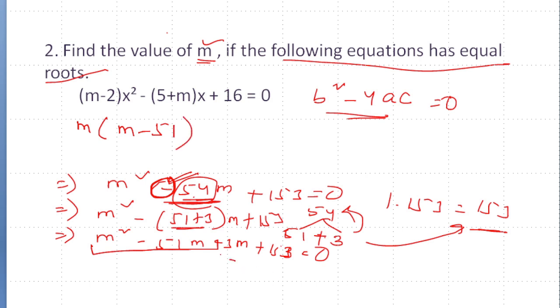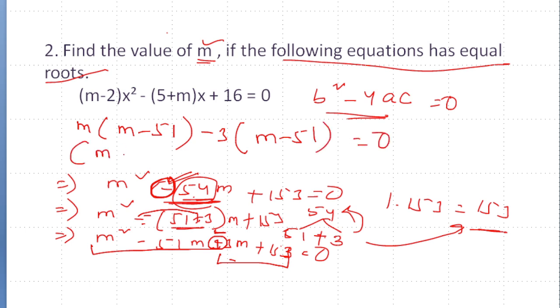Here it will come 3. See here, this is not plus 3m, this is minus 3m. So this is minus 3 common. So m minus 51 equals to 0. Now what two factors came? m minus 51 now common. So rest m minus 3 equals to 0.